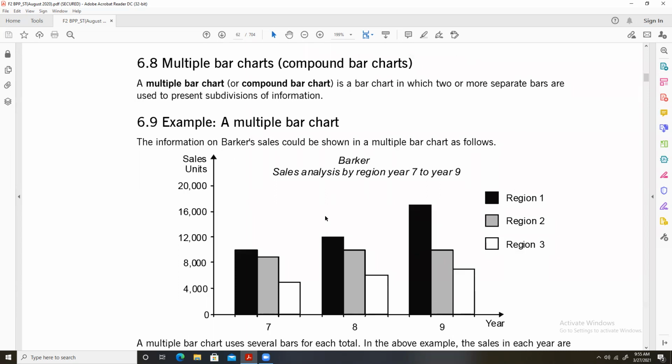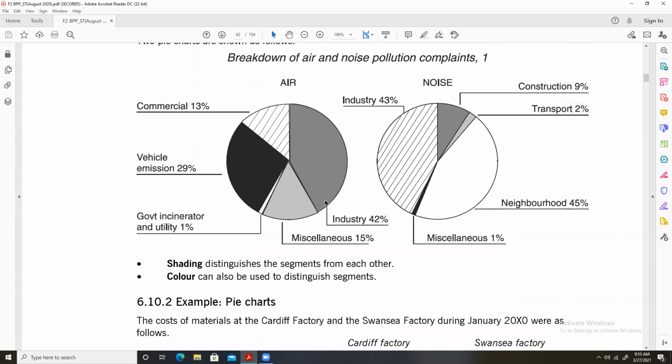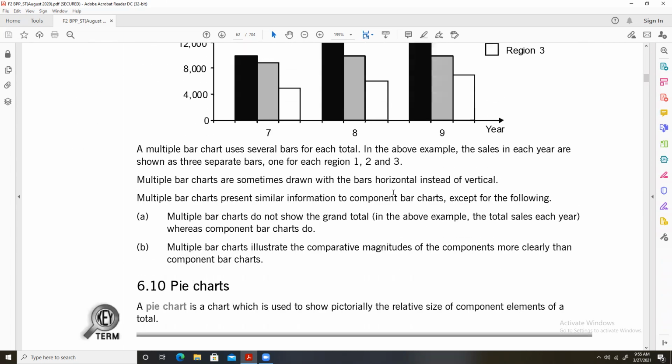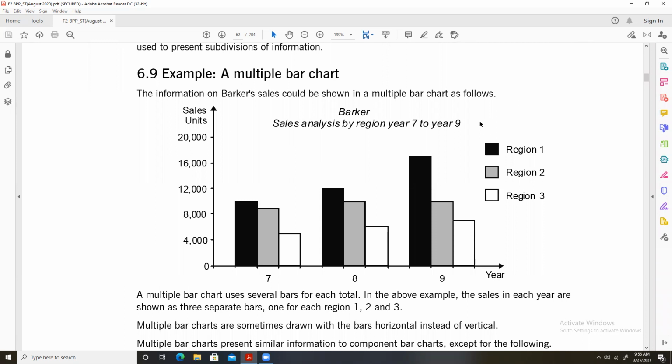A bar chart or a pie chart is used to make comparisons. These two diagrams are used to make comparisons between different variables or for anything. Like here you can see in the component bar chart, a comparison is shown of the number of units sold in each region.